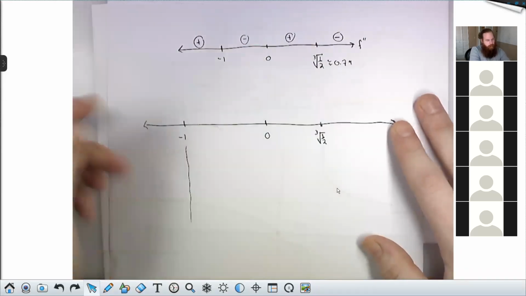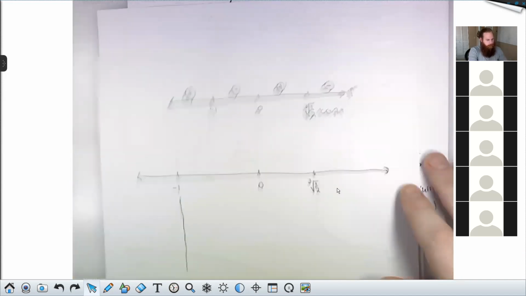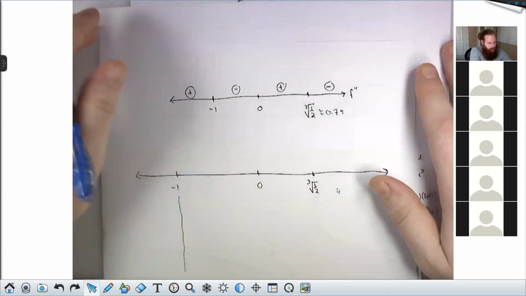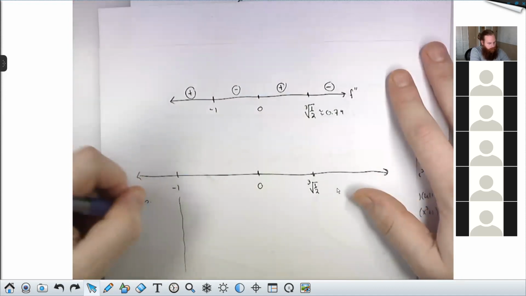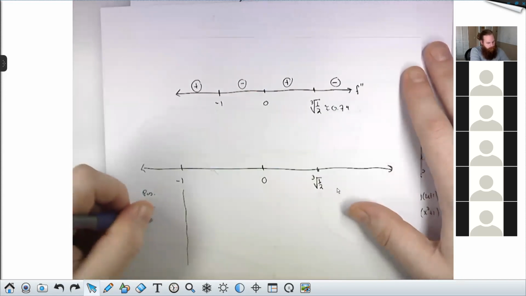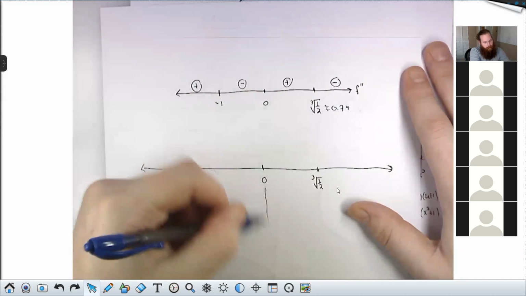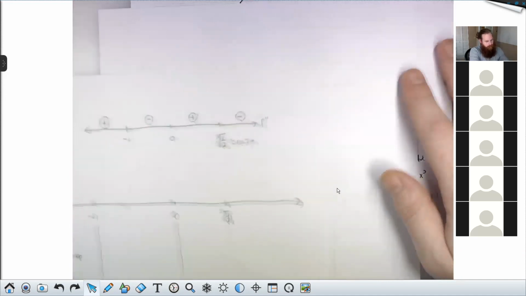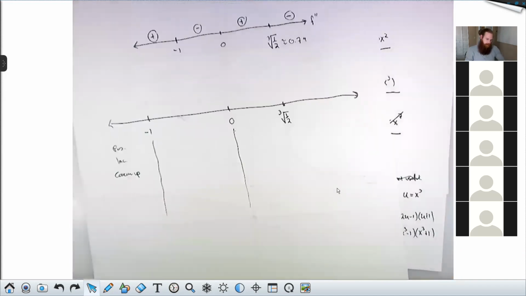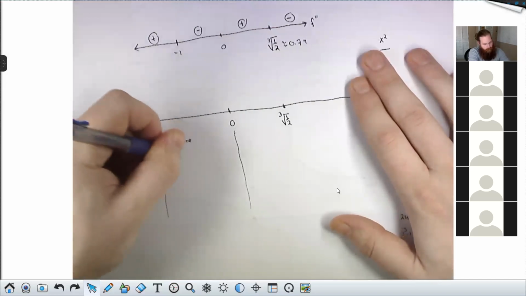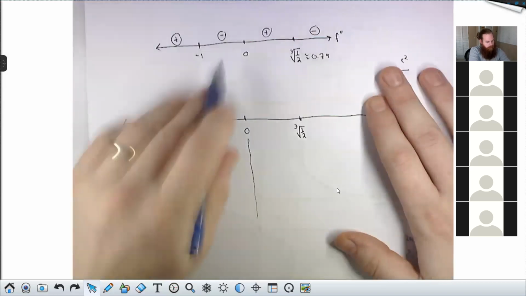So then to the left of -1, f prime was negative. f itself is positive, so we're positive, increasing. And then my f double prime tells me we're concave up. Between -1 and 0, f itself was negative, increasing. And here we switch to being concave down.